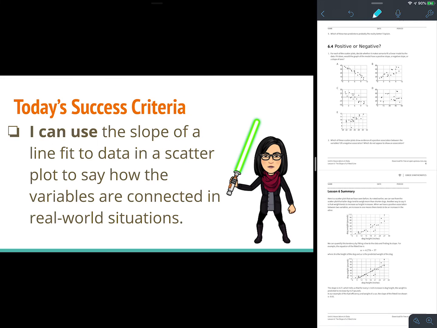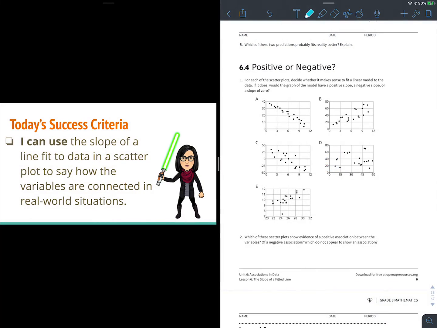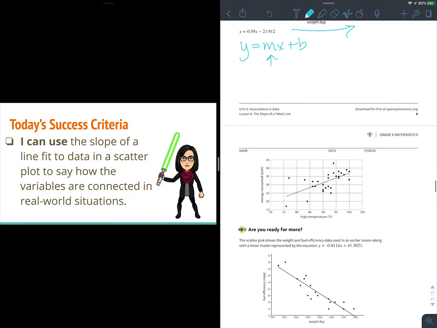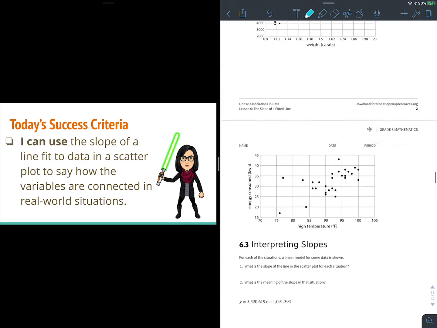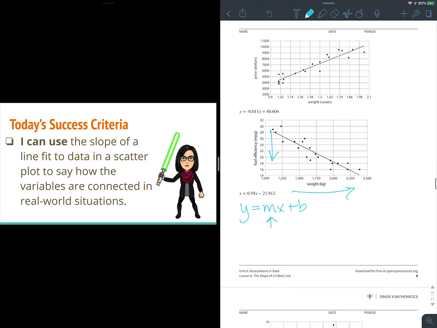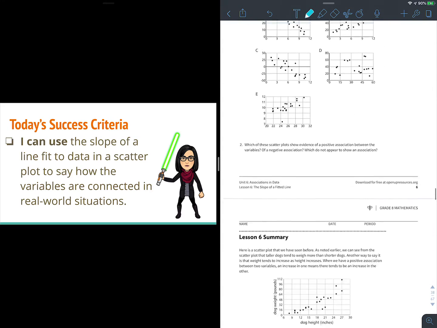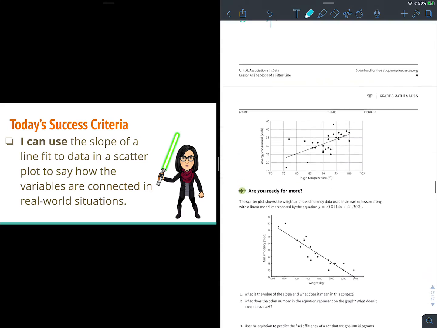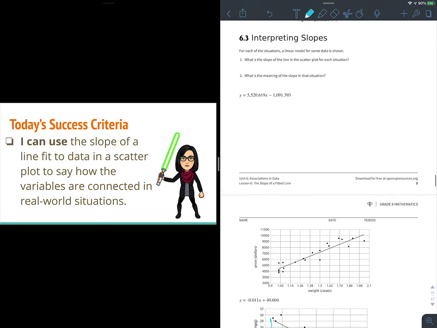So all in all, you should be successful after this if you can use the slope of a line fit to data in a scatter plot to say how the variables are connected in a real world situation. That heavily relates back to the fill in the blank.